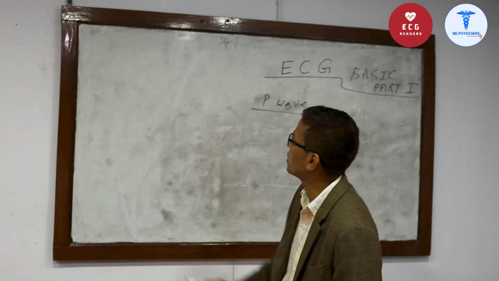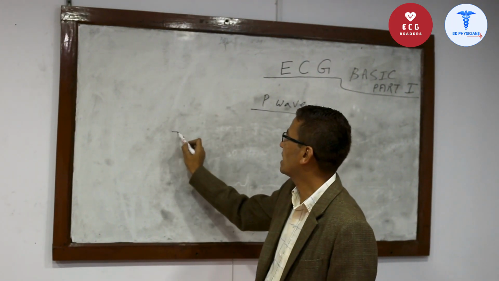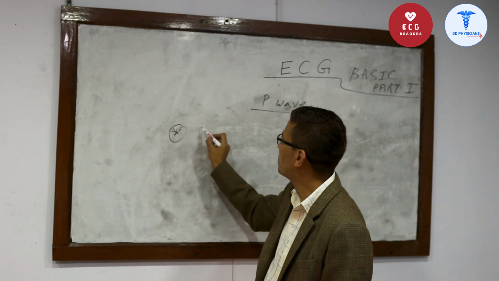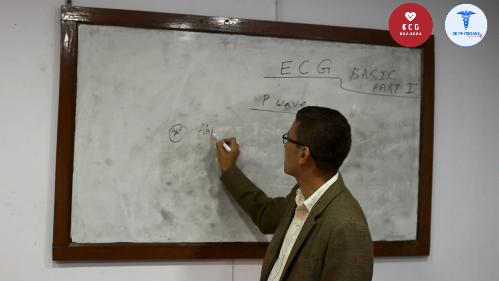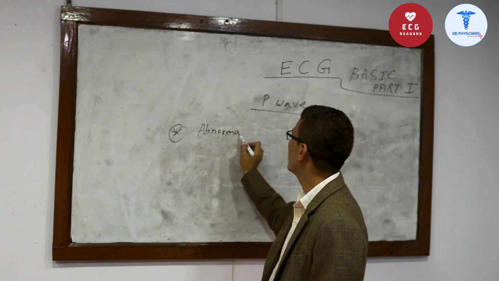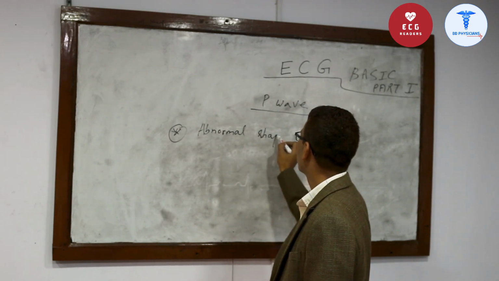These are the causes of the absent P wave. Now the other abnormality that can occur in the P wave is abnormal shaped P wave.